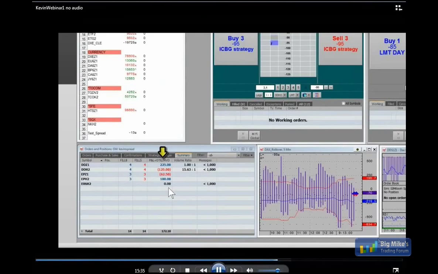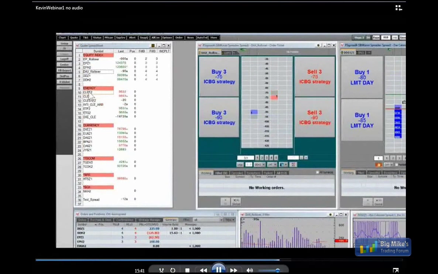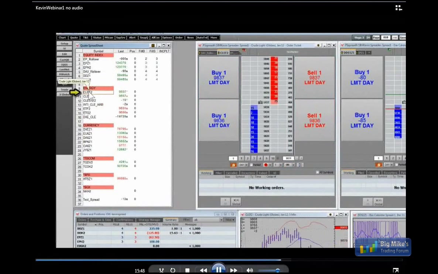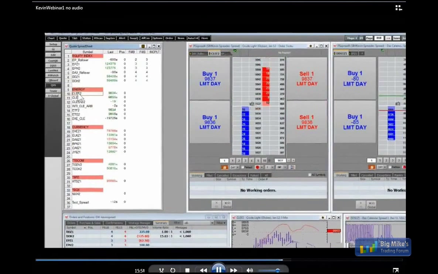And we also do an estimate on the volume ratio and total of messages that you're sending to a futures exchange. Very good to have on hand if you're watching your messaging ratios and you're trying to stay within the exchange benchmark ratio limits, then that's a good thing to have open and viewing throughout the trading session.